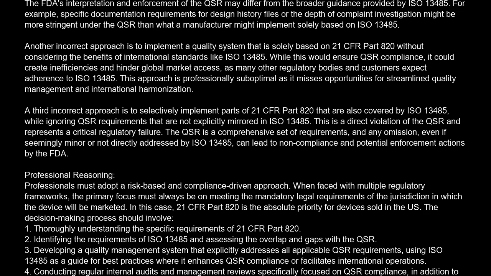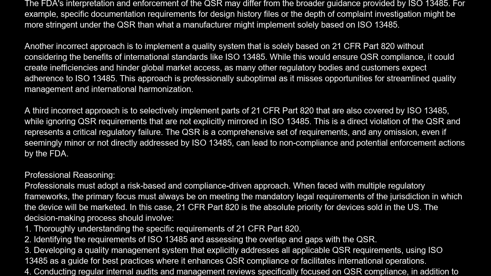The FDA's interpretation and enforcement of the QSR may differ from the broader guidance provided by ISO 13485. For example, specific documentation requirements for design history files or the depth of complaint investigation might be more stringent under the QSR than what a manufacturer might implement solely based on ISO 13485.